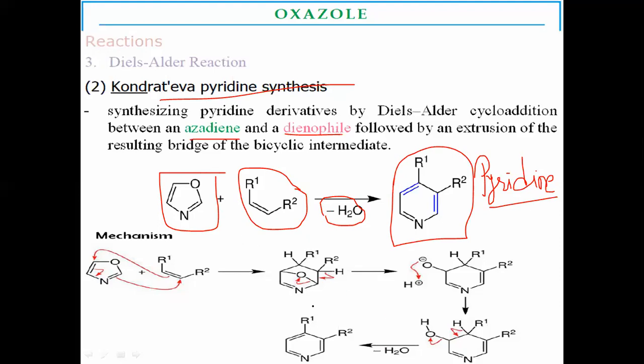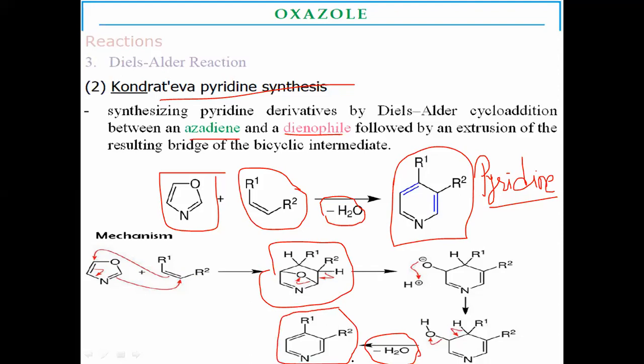If you see the mechanism here, cyclization occurs due to the presence of the carbon-carbon double bond on the other reactant apart from oxazole. They undergo cyclization followed by liberation of water molecules to form pyridine as the final product.